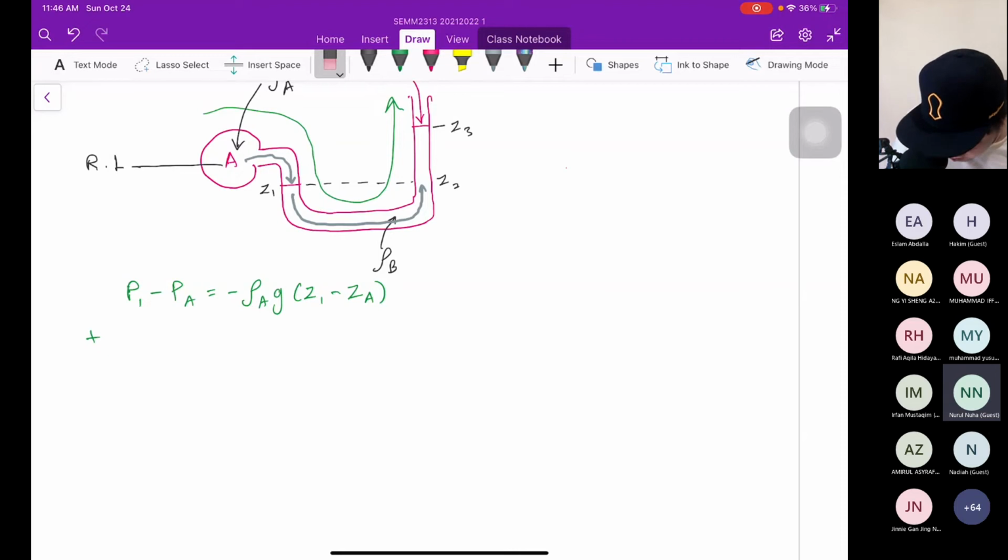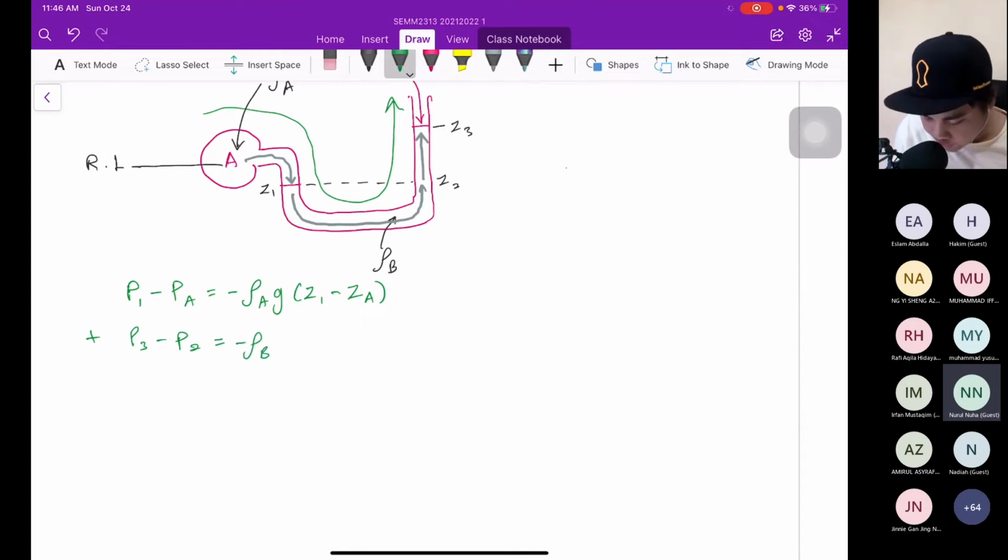So Z2 go to Z3. Our equation: P3 minus P2 equal to negative rho B, because we are dealing with the liquid B here, g, Z3 minus Z2.